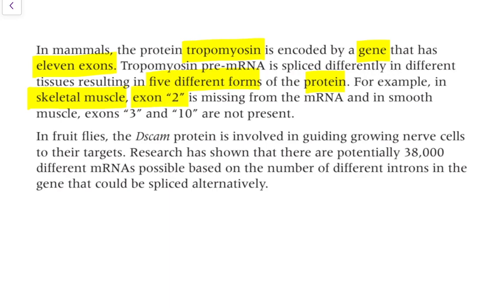And that's made by chopping out exon 2. But in smooth muscle, the muscle in our digestive system, we make that completely different type of muscle by chopping out exons 3 and 10. We leave in 2 and we take out 3 and 10. And so from the same gene, from the same DNA, from the same pre-mRNA, we can have different proteins made which then have different functions.